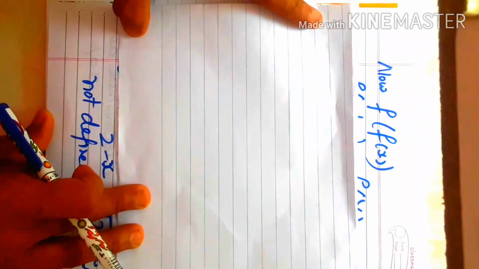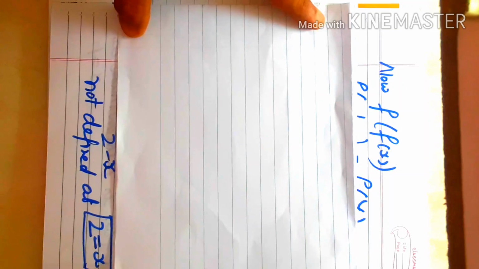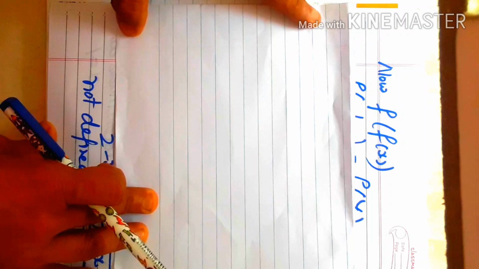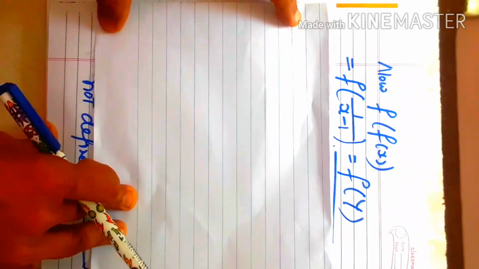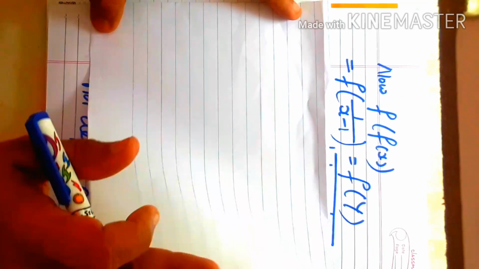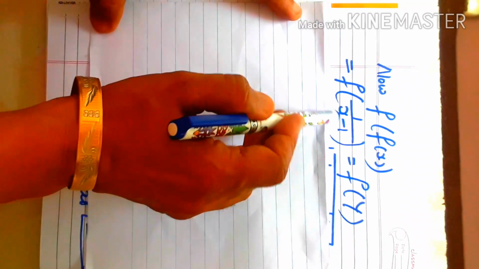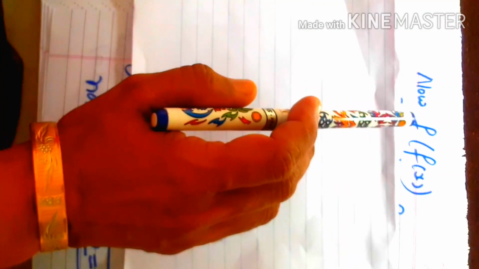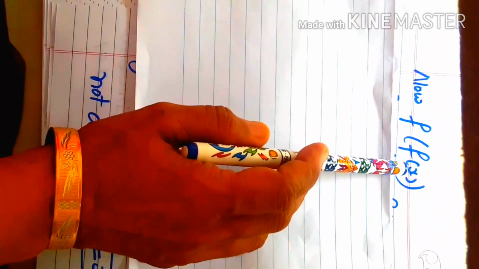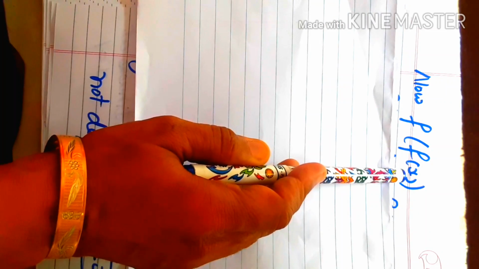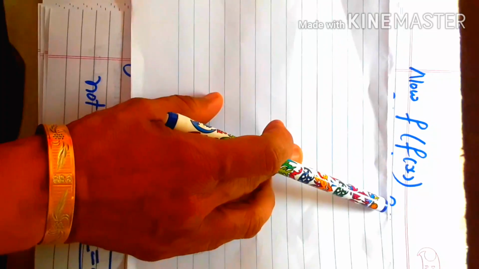Okay, let's take this question. Now f of f(x) is equal to, f(x) is nothing but 1 by x minus 1, and so now take f of f(x). Let's check, is there any point of discontinuity for this composition function?